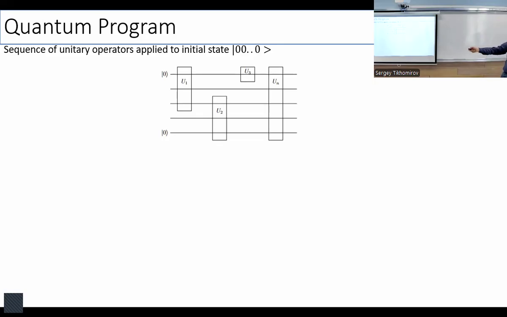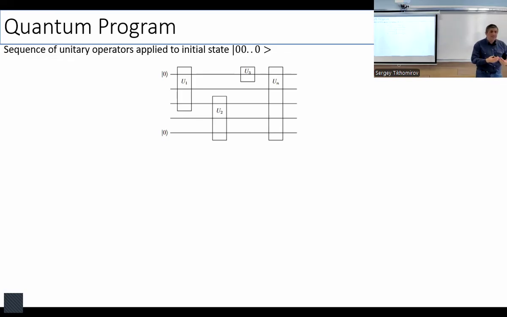Let me explain. Each line is a qubit. So if I have n qubits, I have n horizontal lines. And each block is an operation which I apply to it. It would usually have a name. You see it intersects not all the qubits.